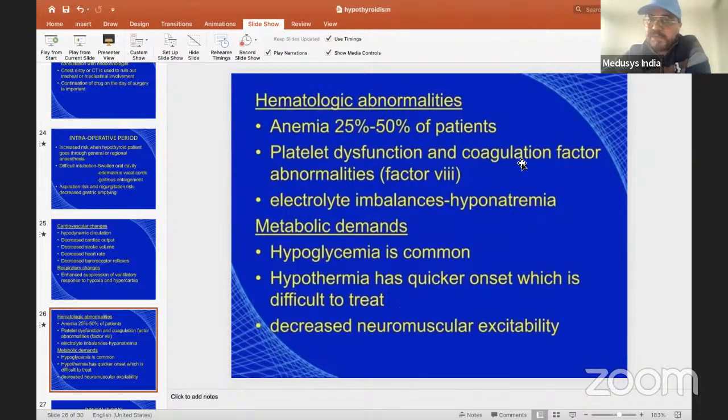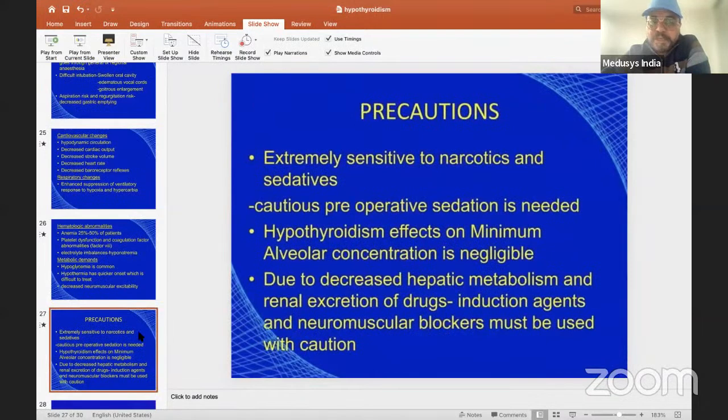Always consider this, always get coagulation factors and platelets done before any regional anesthesia is attempted. Electrolyte imbalances, hyponatremia is the most common. Metabolic demands, hypoglycemia is common. Hypothermia has a quicker onset, so it's always better to warm the patient for long surgeries, and there is decreased neuromuscular excitability. Now, precautions. Extremely sensitive to narcotics and sedatives.